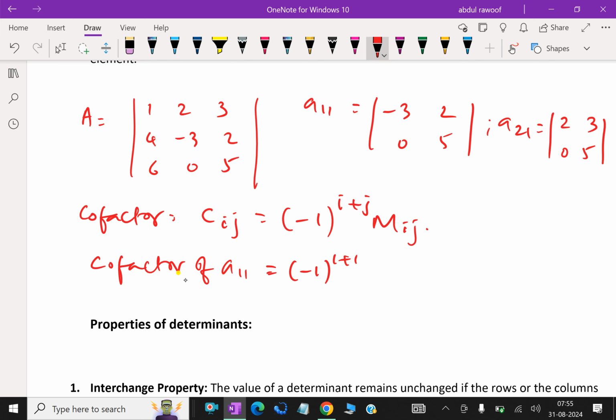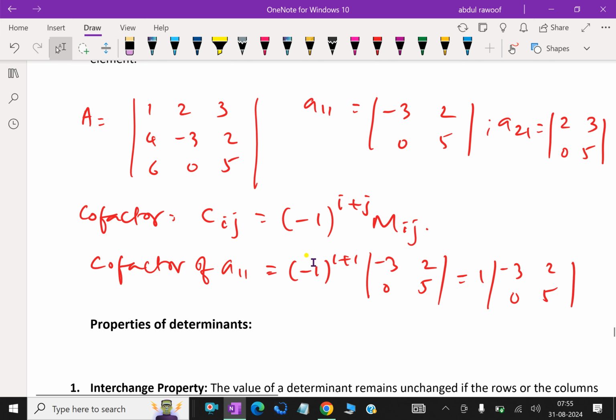And that is the minor, minus 3, 2, 0, 5. So 1 plus 1 is 2, minus 1 to the power 2 is positive 1, into minus 3, 2, 0, 5. Like that we can find the cofactor of every element. Suppose what is the cofactor of 2, 1?